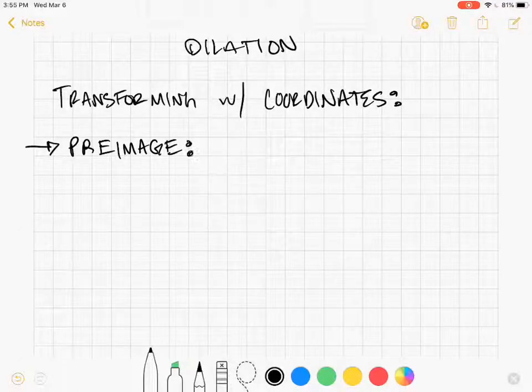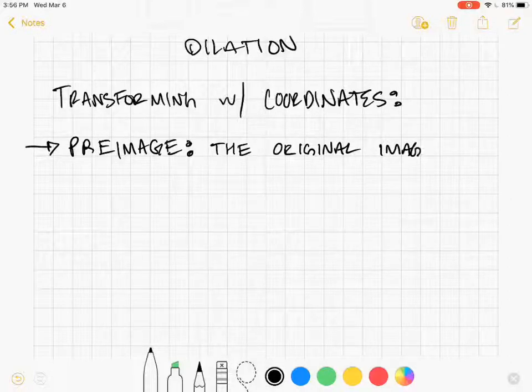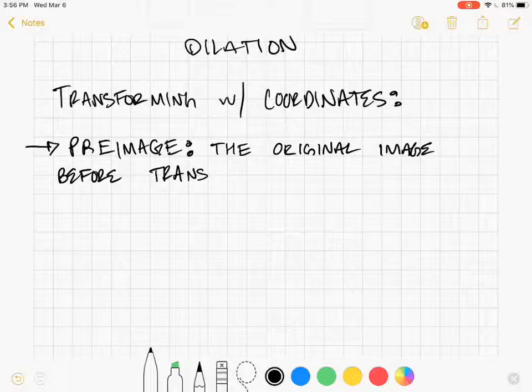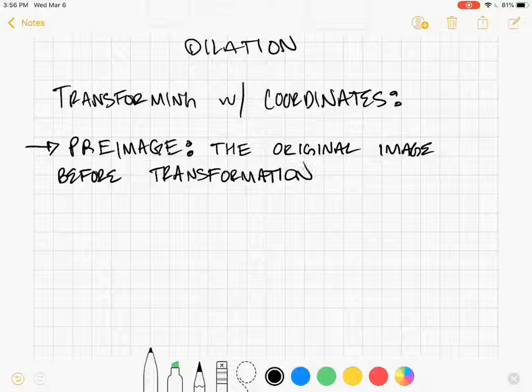What do I mean when I'm saying pre-image? That's the original image, the OG, before transformation. So if you hear that term, we're talking about the image before transformation.